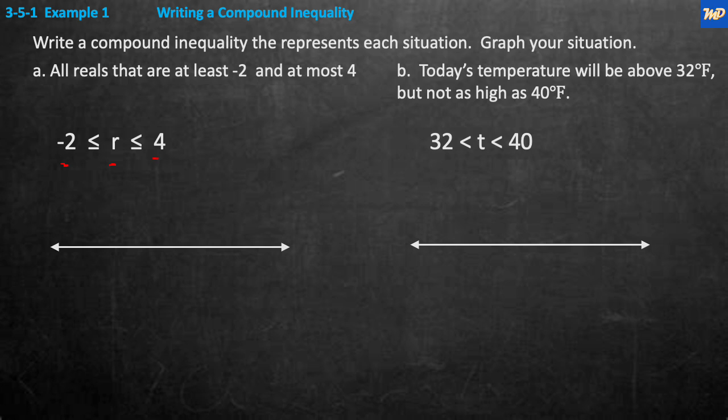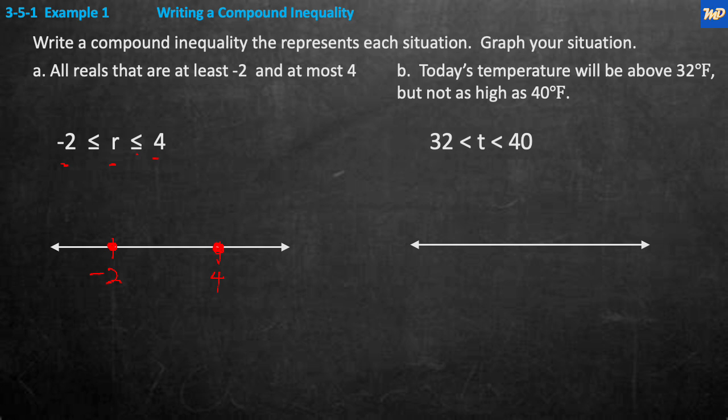So we're going to do that. I'm going to put 2 marks on the line here. Okay, and we're going to call this one negative 2, and I'm going to call this one 4. And we have an equal on both of those, right? So I'm going to put a dot on that number and a dot on the 4 because it's less than or equal to. And so R is, now you see it's between.